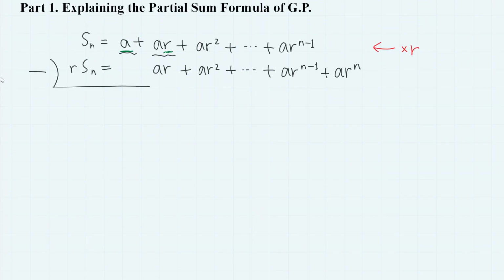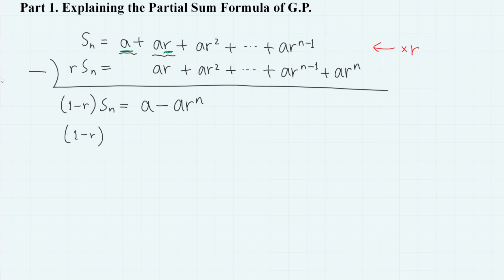If we subtract the bottom one from the top one, we have (1 minus r) times S_n is equal to, on the right hand side, the only terms surviving are a and minus ar to the power of n. So (1 minus r) S_n equals a times (1 minus r to the power of n).